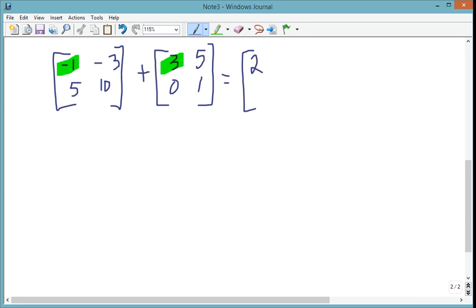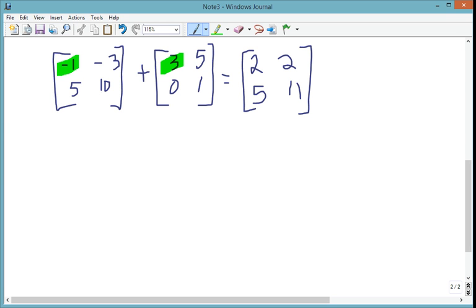Okay, so very simple, straight across. I'm going to take -3 plus 5, that'll be 2. I got 5 plus 0, that'll be 5. 10 plus 1, that'll be 11. So adding just straight across term by term, so they have to be exactly the same shape and size.